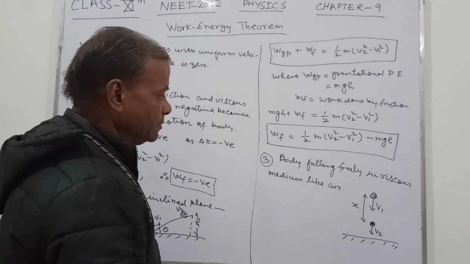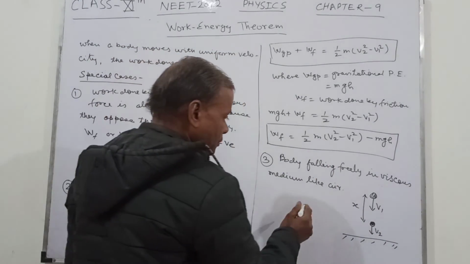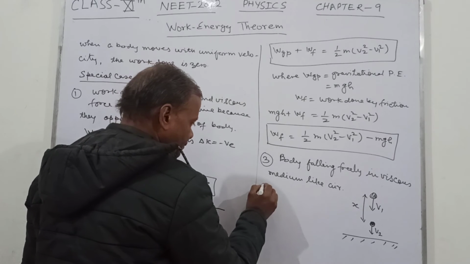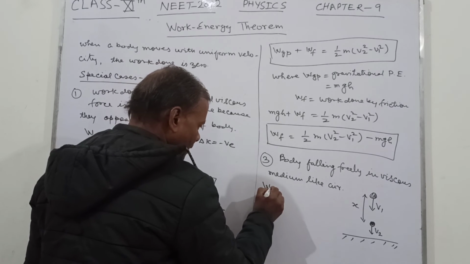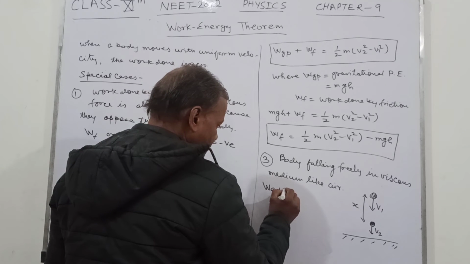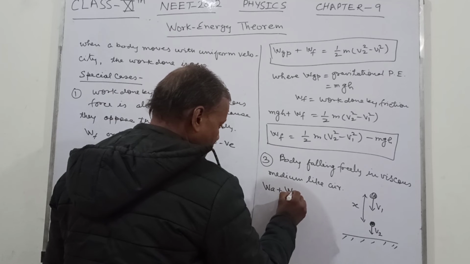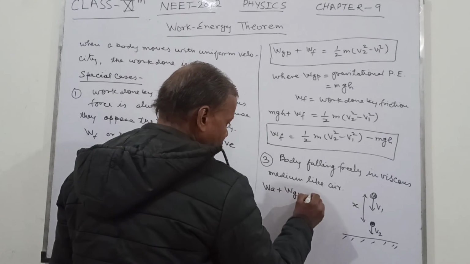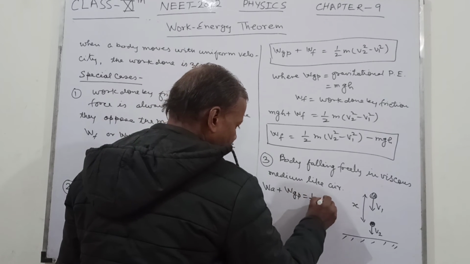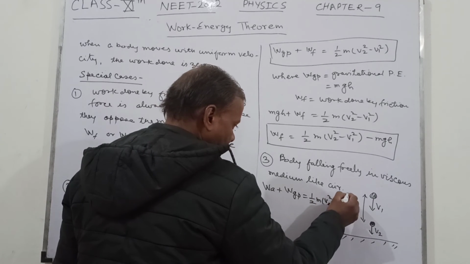Then if we apply the work energy theorem, the work done by air plus the work done by gravitational potential energy, WGP, is equal to half m (v2 square minus v1 square).